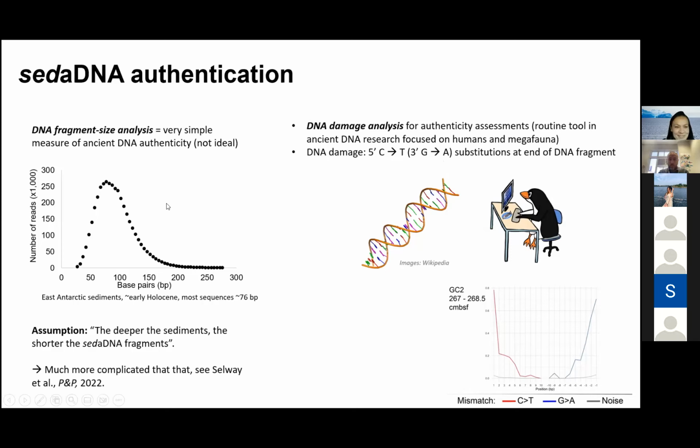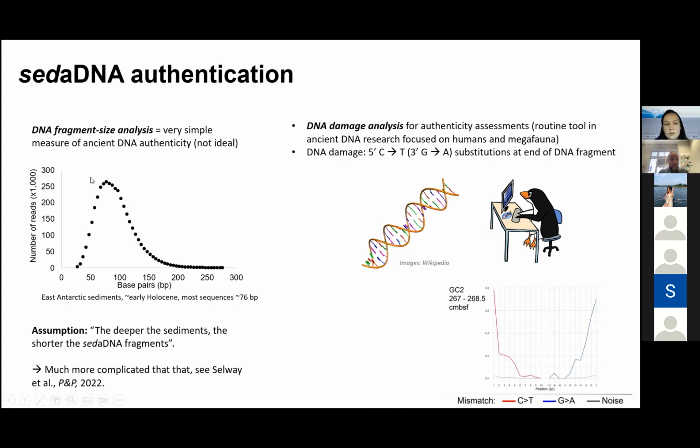But anyway, when we look at the fragment size distribution of an Antarctic sediment sample, we find that most of the sequences are very, very short. If we want to use this sort of distribution as an authenticity criterion, we would assume that the deeper we go into the sediment, the further we go back in time, the shorter the fragments get.